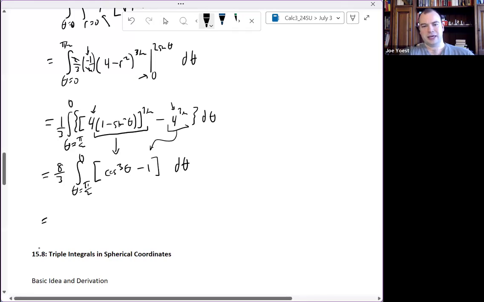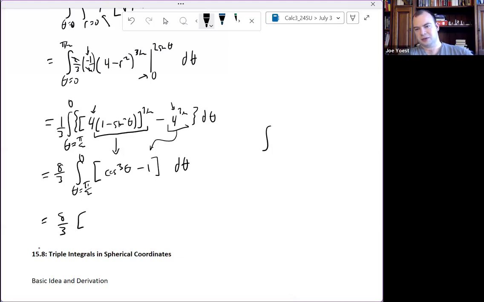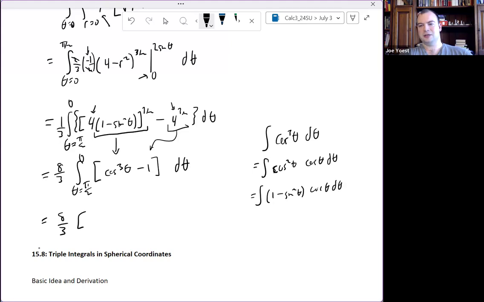All right, and then we have what? 8/3 times, what's the integral of cos cubed theta d theta? Well, this is the integral of cos squared theta cos theta d theta, which is the integral of 1 minus sine squared theta cos theta d theta, just with Pythagorean identity. And then we use u equals sine theta.